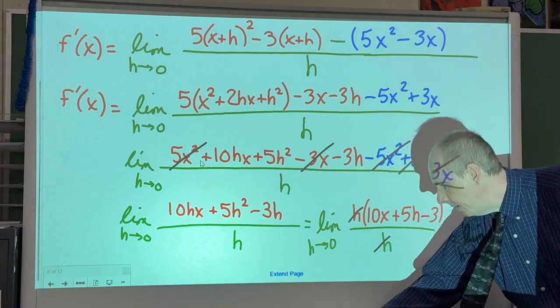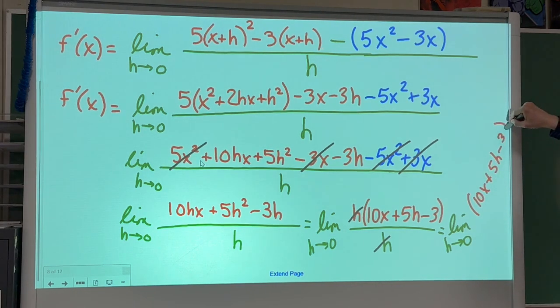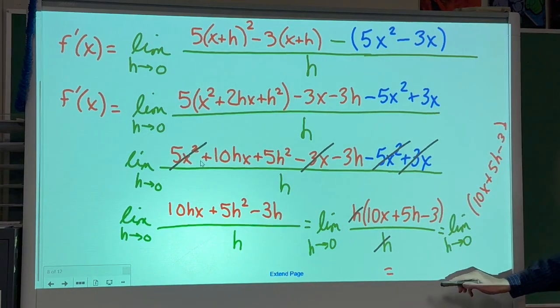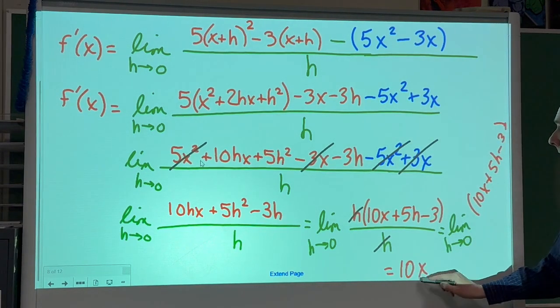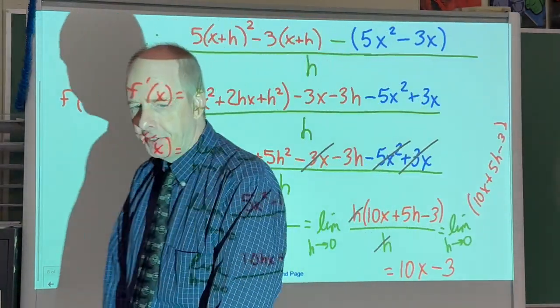And then we have the limit as h approaches 0 of 10x plus 5h minus 3. Plugging in 0 for the h, we get, let's see, 10x minus 3. There's your derivative.